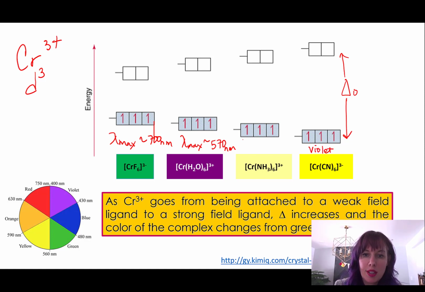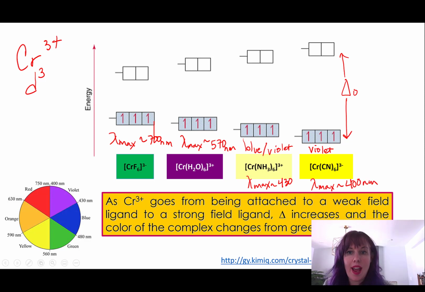And then this one's probably blue/violet region. So this would be a lambda max of somewhere around 430 nanometers, and this one might be around 400 nanometers. As delta octahedral is increasing, we're absorbing shorter and shorter wavelengths of light, which is resulting in different colors.